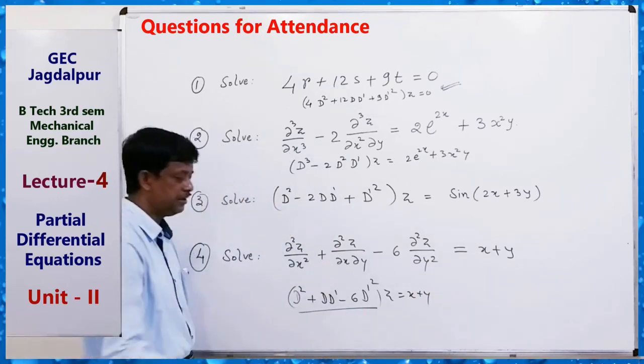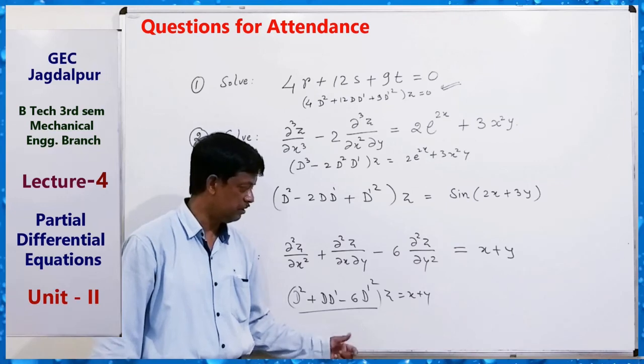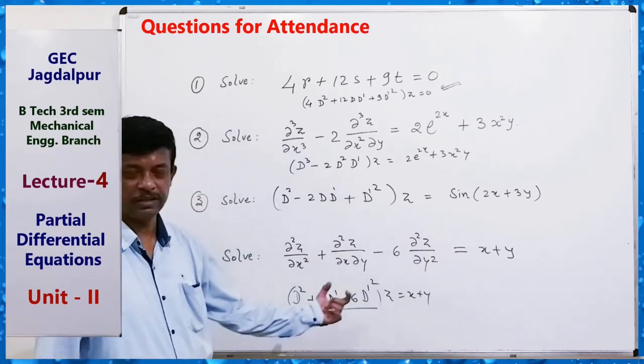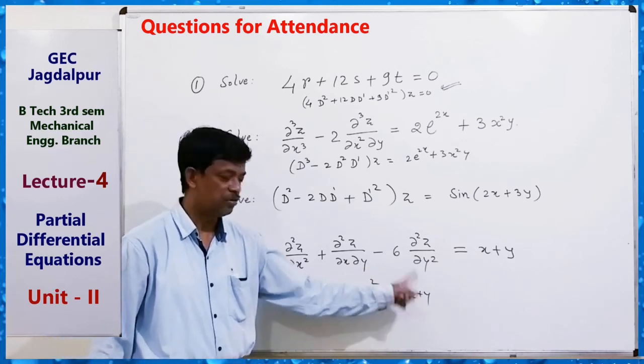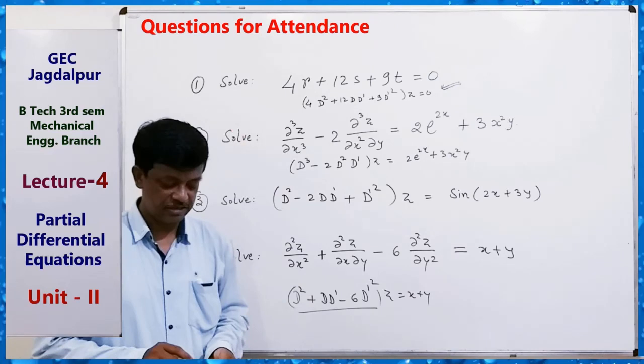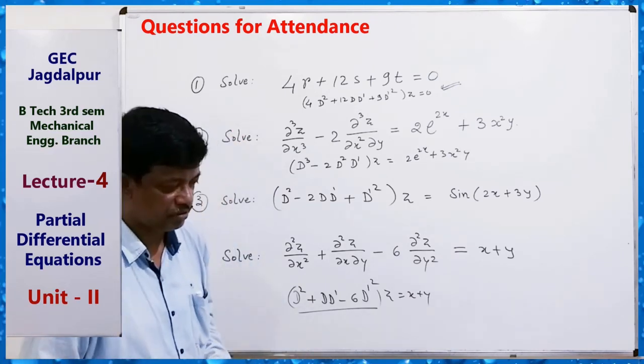This is F d d dash. Find CF, pi and then pi. X plus y means you have to use binomial theorem expansion because it is polynomial type. So you can solve these 4 questions and send me your solution as a PDF file for your attendance. Okay.